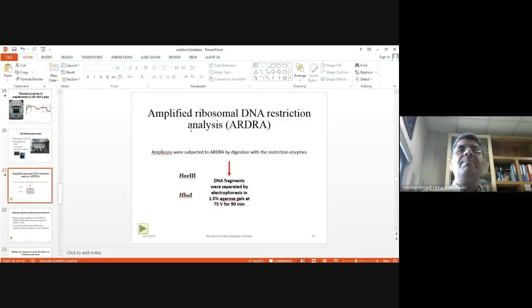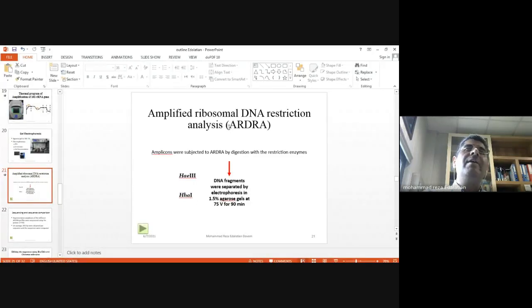In the next step, after finishing the PCR, we should use the amplified ribosomal DNA restriction analysis, or ARDRA. Why should we use this technique? Because in some cases we have many isolates, I mean many lactic acid bacteria, collected from plates like MRS or M17.